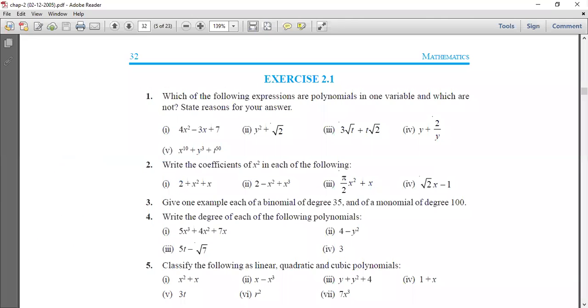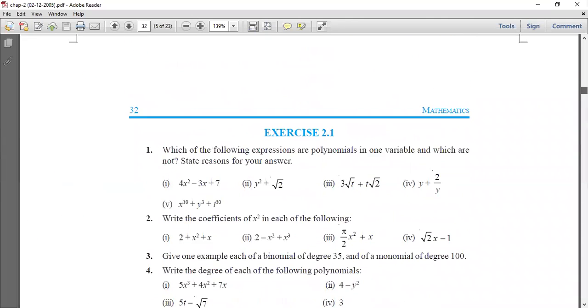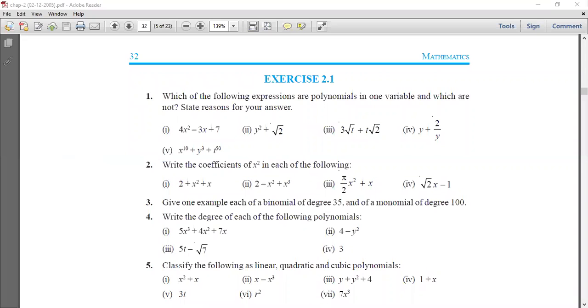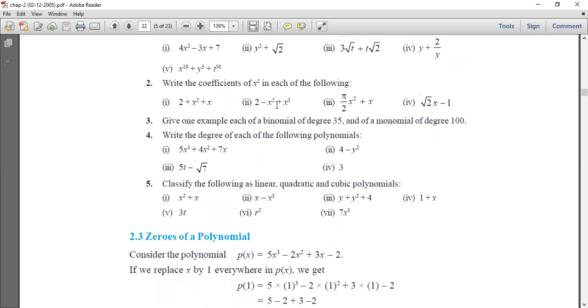This is exercise 2.1 of NCERT. Which of these expressions are polynomial or not? Coefficient of x square you have to calculate. The number present along with x square is called the coefficient. You have to give one example of a binomial with degree 35 and a monomial with degree 100. Write the degree of each of the following and classify them as linear, quadratic and cubic polynomial.